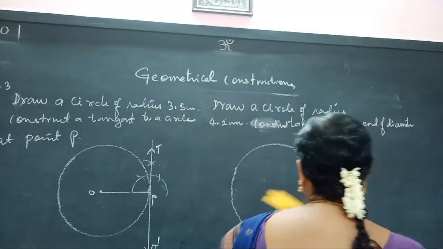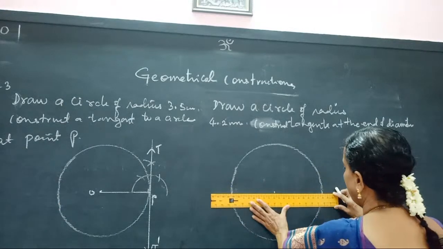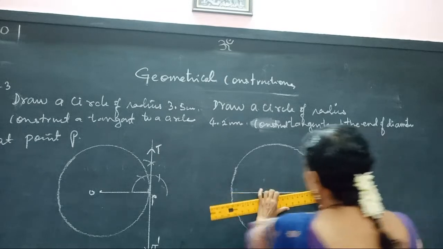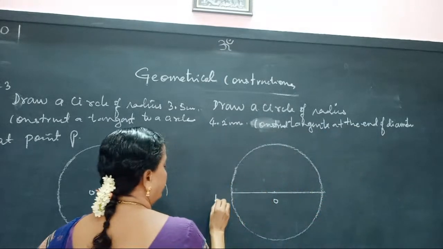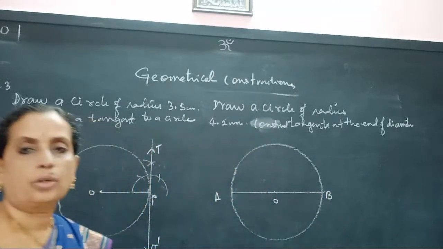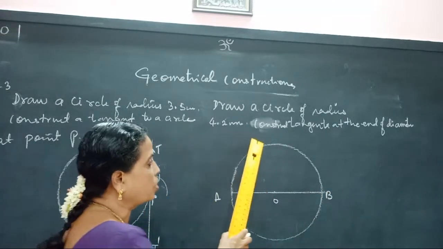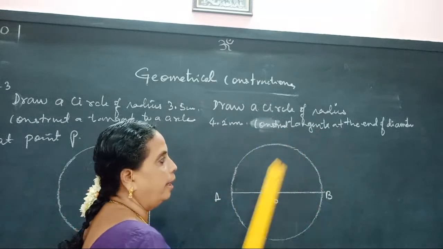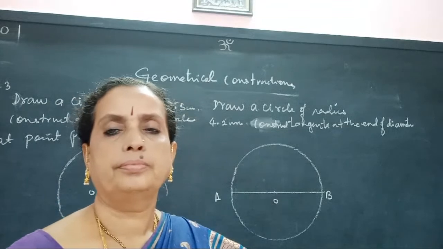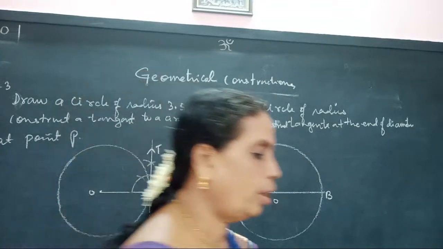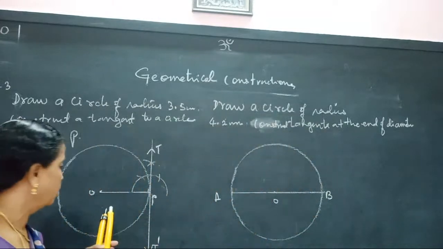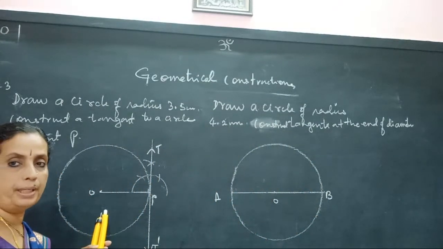Now draw a diameter like this. Name this diameter as AB. The question is, you have to construct tangents at the end of the diameter. Now the construction is the same as we did in OP.